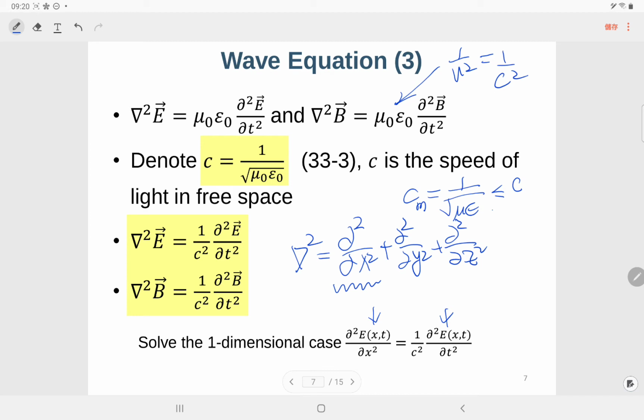So E and B are just functions of x and t, not y and z. They don't relate to y and z. And in this case, we just consider this term for the Laplacian.